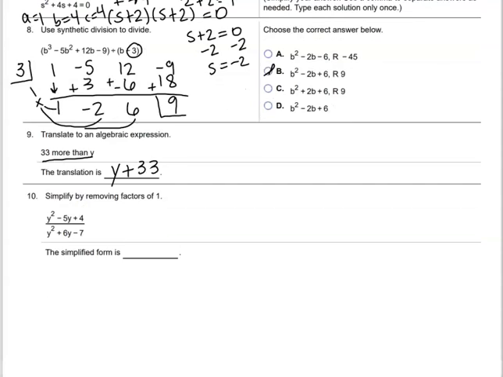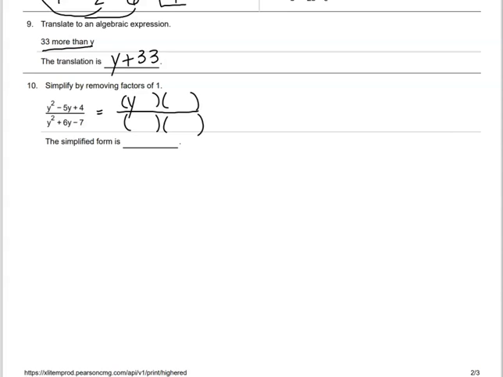On this very last question, it's asking you to simplify this by removing factors of 1. So the first thing you're going to want to do is factor both of these. You could do this using the quad program like we've talked about before, or you could just say what multiplies to 4 and adds to -5.